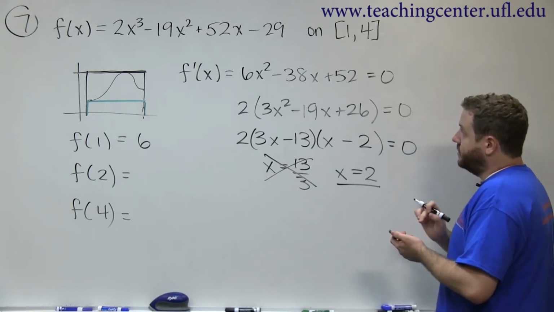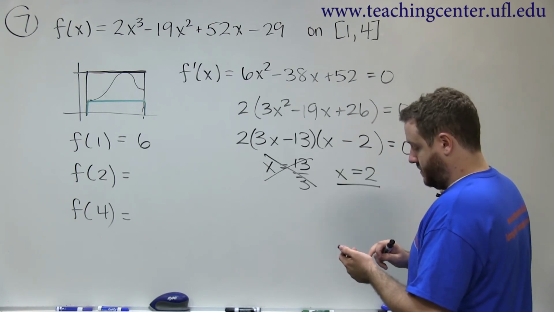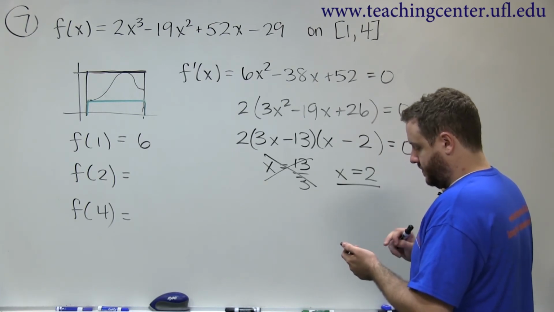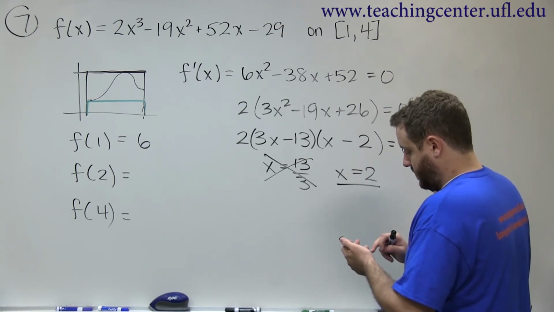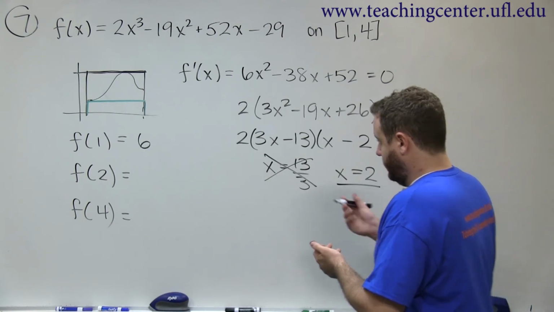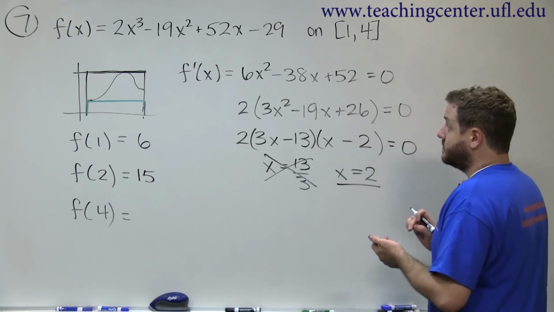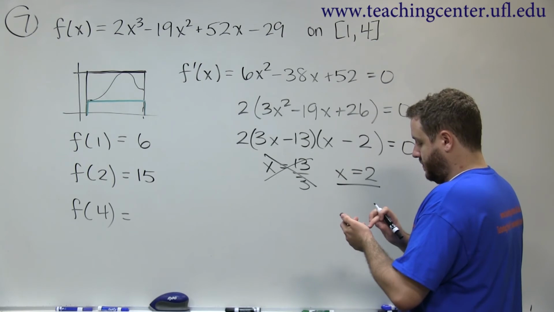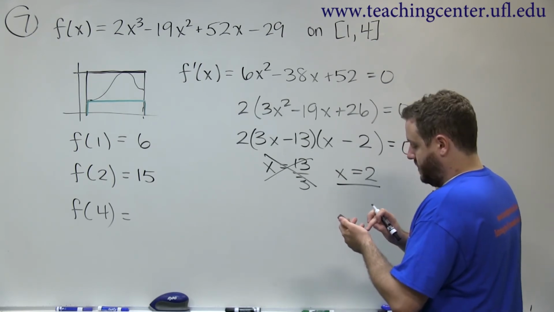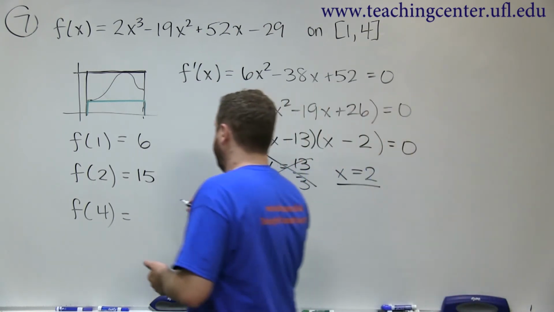So if we plug in 2, let's see what we would get here. So I'm plugging in 2 for x. Plug in 2 for x, we get 15. And if we plug in 4 for x, we would get 3.